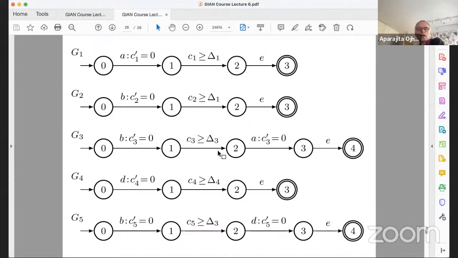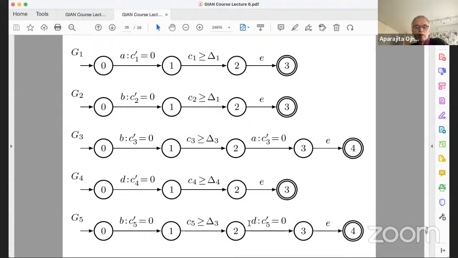For instance, that this third model says that I must first pass the time delta 3 with event B before I can make an A in the second model, because here I have a shared A between the third and the first path. So there, now I've introduced some additional restrictions.